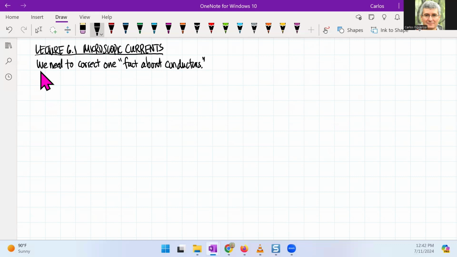So the first thing that we want to do is look inside a perfect conductor.